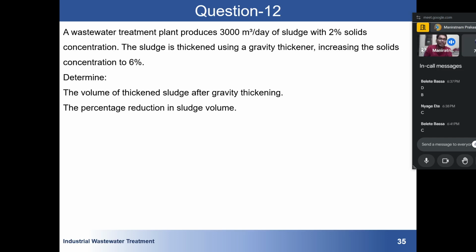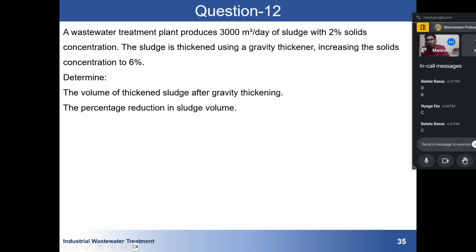And what is happening is that we are dewatering it, and we see that there is a reduction in volume. And if there is a reduction in volume, then the sludge will get thickened, and the solid content will increase.